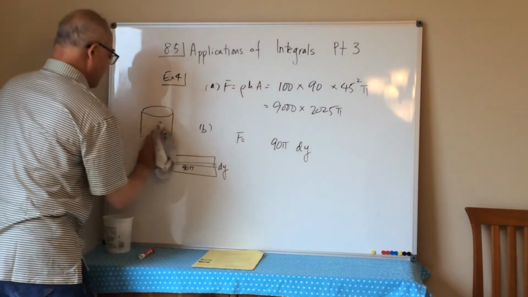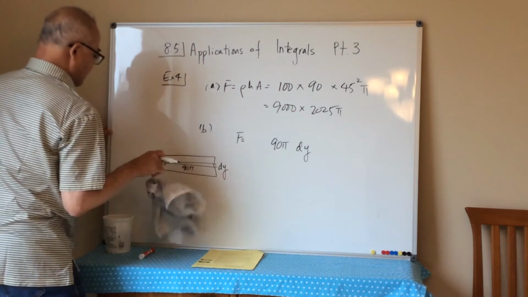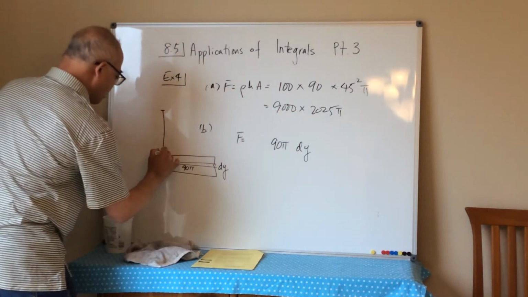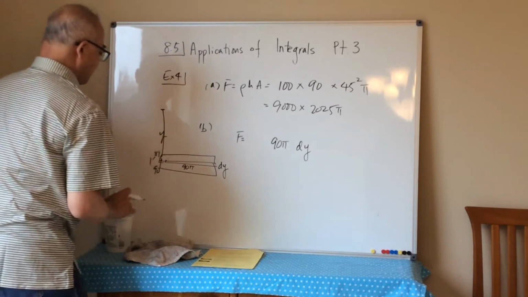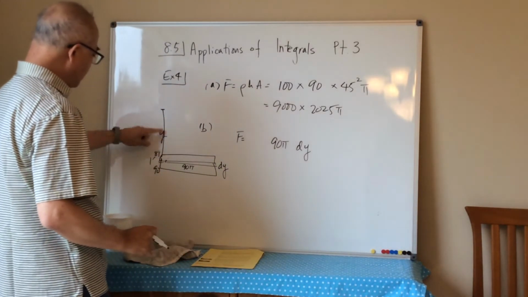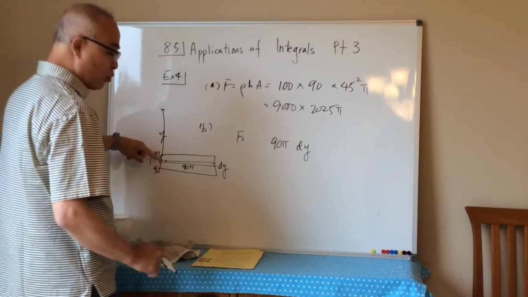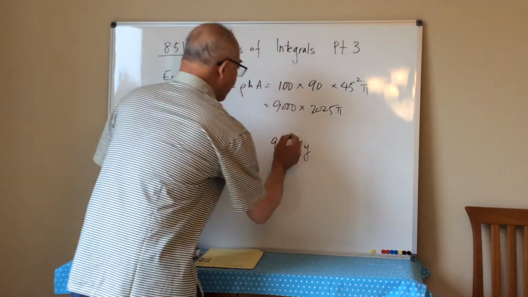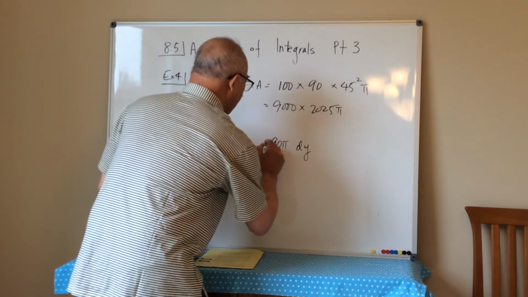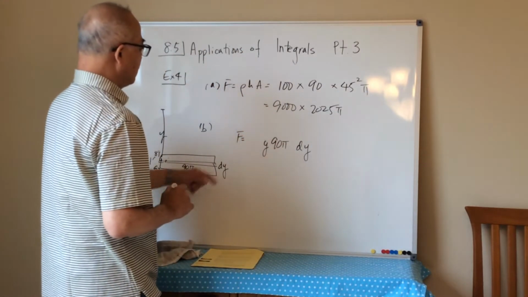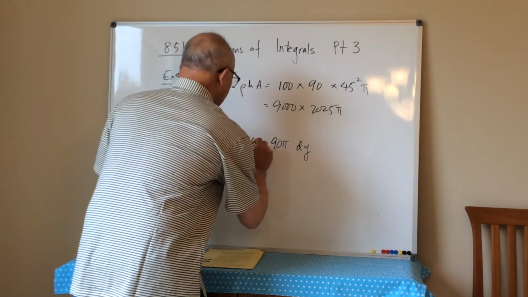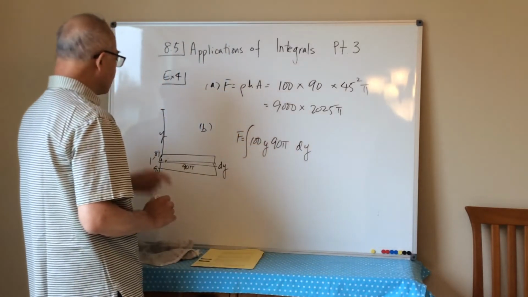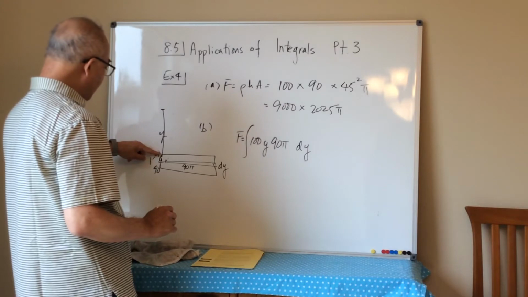So if I erase this, from here to here would be y, okay? Here to here is going to be y, right? Because that's the total amount of pressure. So the height is going to be y, and then we're going to have the rho. Rho was 100, right? And y is going to go from 89 to 90.